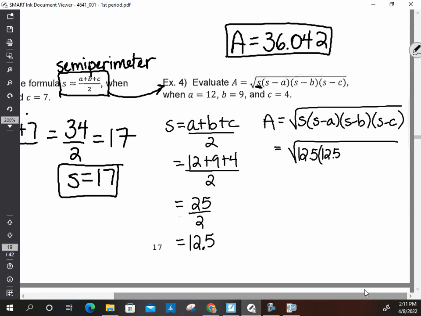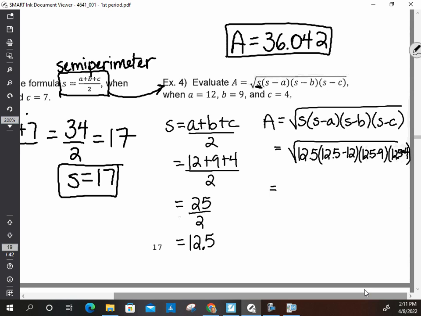And you have 12.5 minus 12, 12.5 minus 9, and 12.5 minus 4. Sorry, it's a little squished up on that part. So now it becomes order of operations.